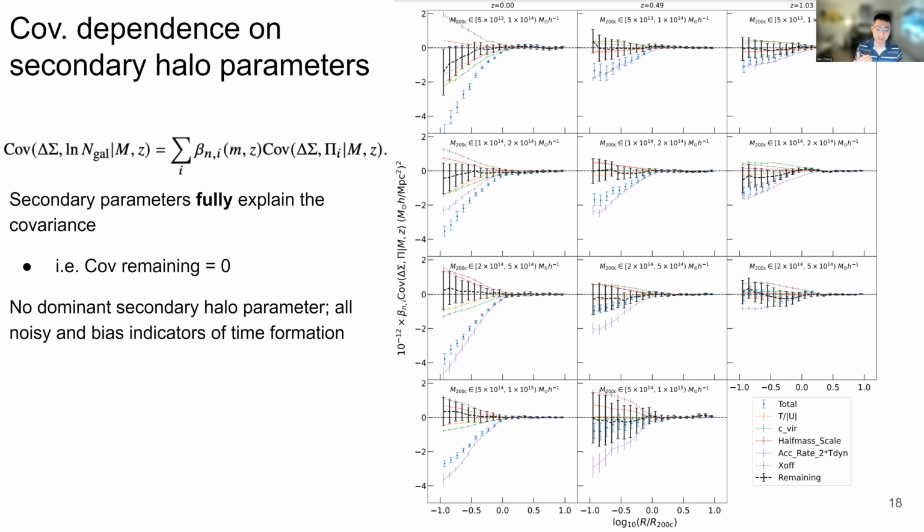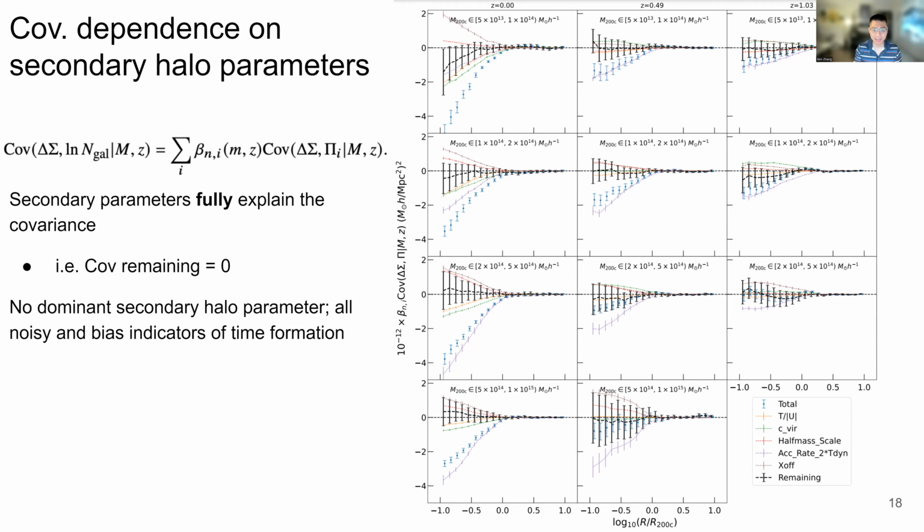In this plot, the blue error bars are the total covariance measurements that we saw previously. The thin dashed lines, in different colors, give you the contribution coming from each one of the secondary components. By removing the contribution coming from each component, we get the black lines, which give us the remaining term.